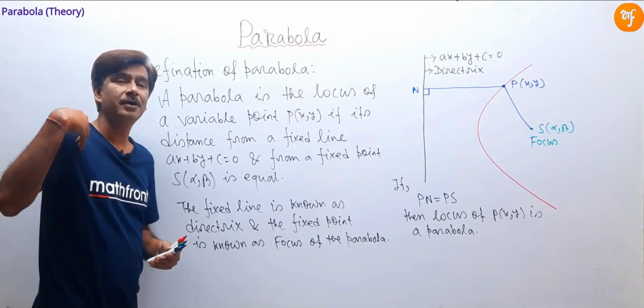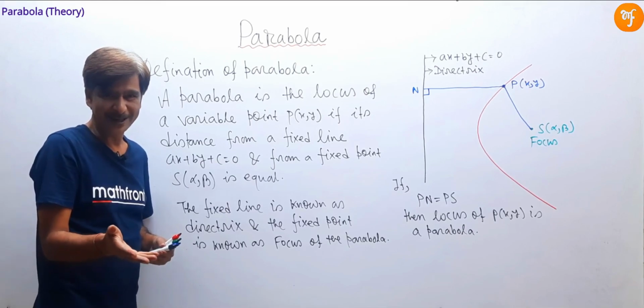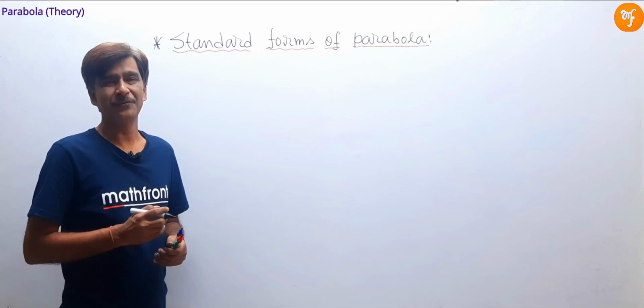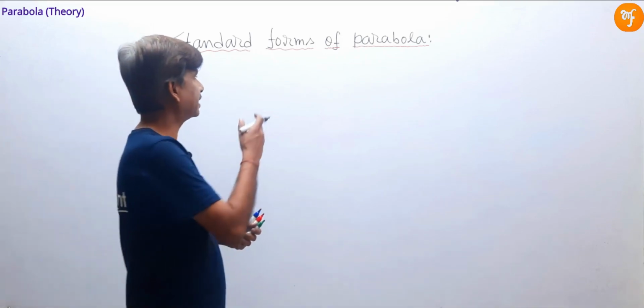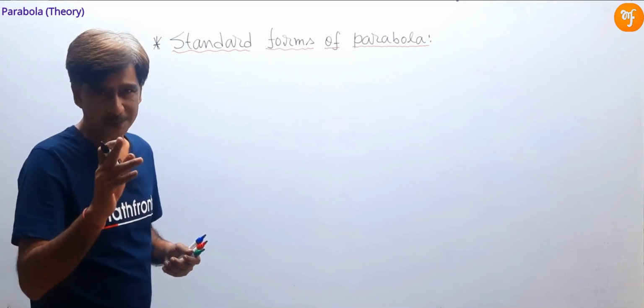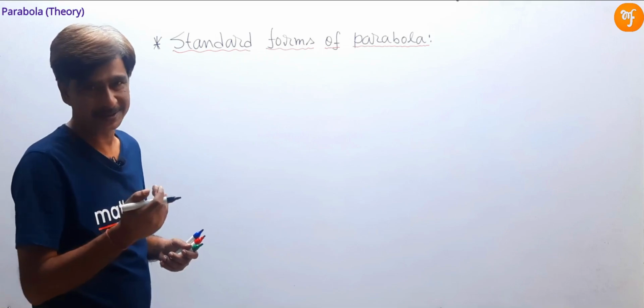Now we will come to some standard forms of the equation of the parabola, which are in your syllabus. Let's have a look. So friends, let's start the standard forms of parabola. Okay, so the first form is y square is equal to 4 into a into x.